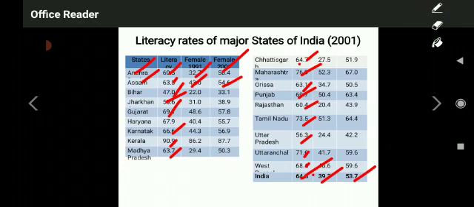So this is about how the data collected from different areas is presented in tabular form, and once we present it in tabular form, how to present the same data in diagrammatical form.